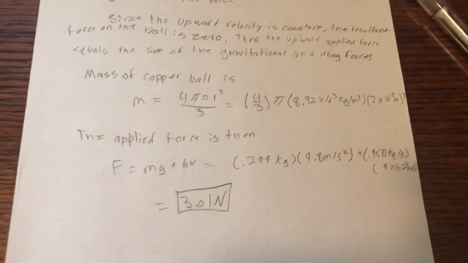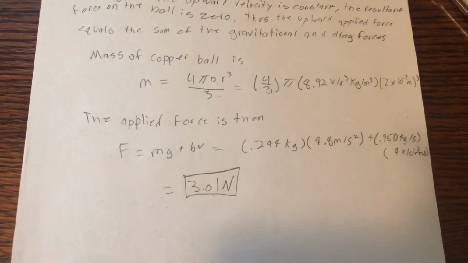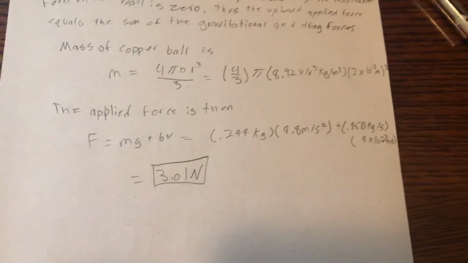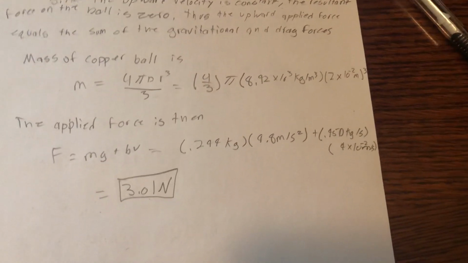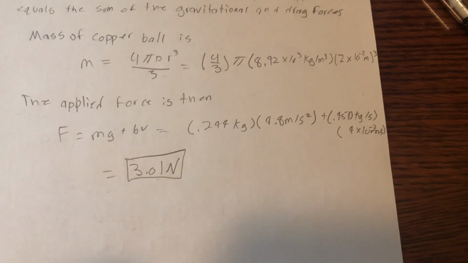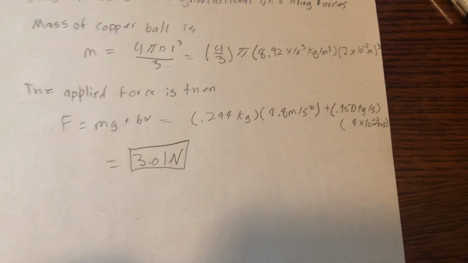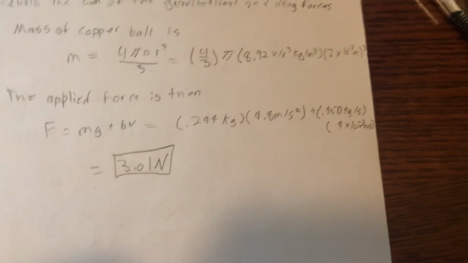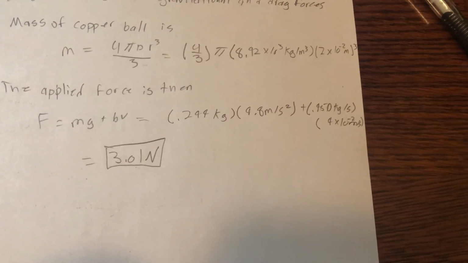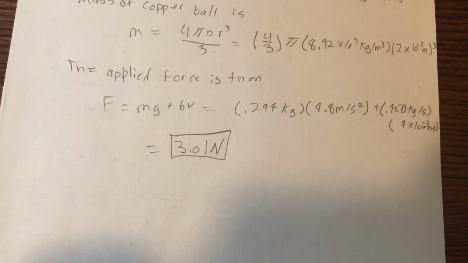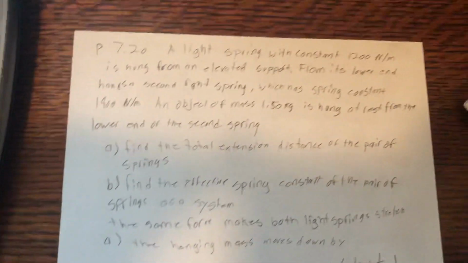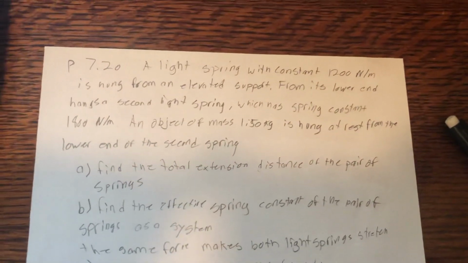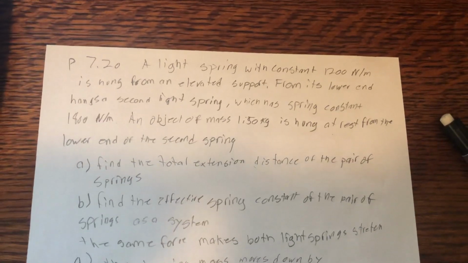Then the applied force is F equals mg plus bv, and that is 0.299 kilograms times 9.8 meters per second squared plus 0.95 kilograms per second times 9 times 10 to the negative 2, which then gives you 3.001 newtons.